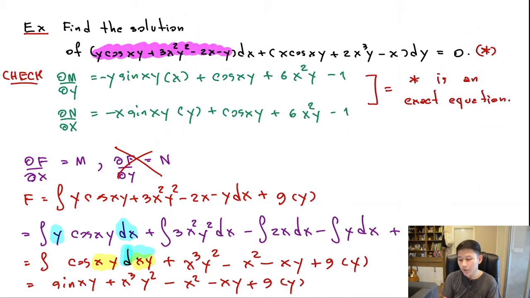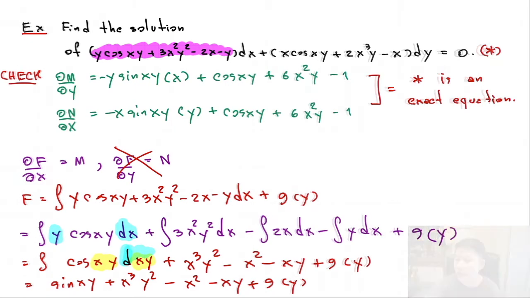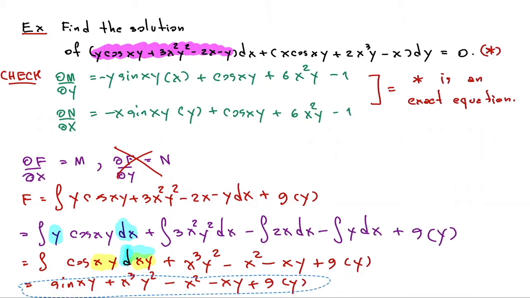Okay, so we are done with the integration, right? So next, what we need to do is differentiate. We need to differentiate by y. Okay, so let me get to the next page. No space left, so I'll get to the next page.